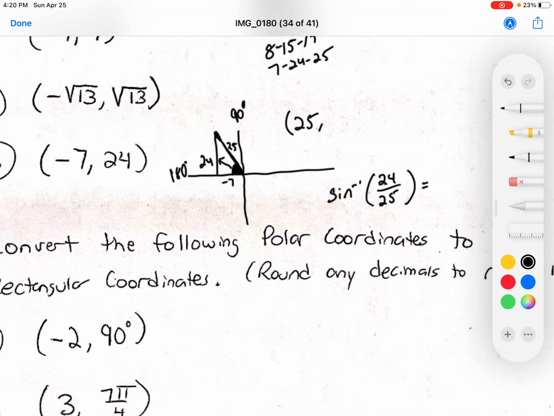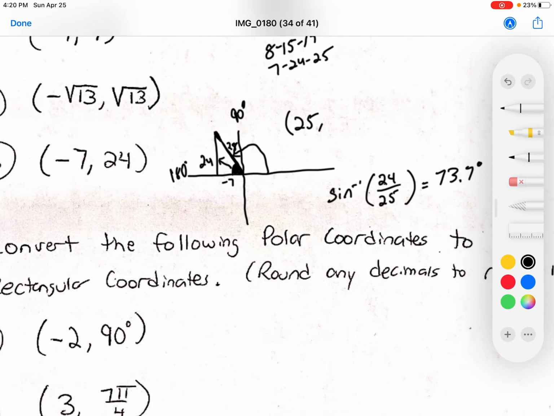Okay, so inside that triangle is 73.7 degrees.